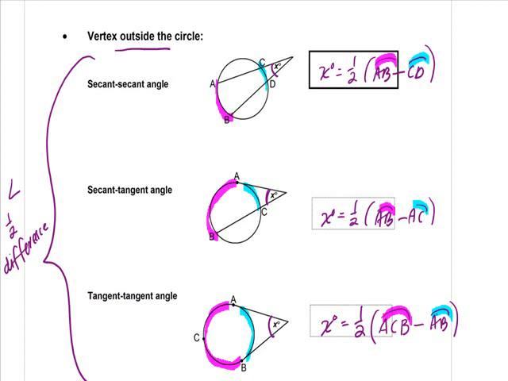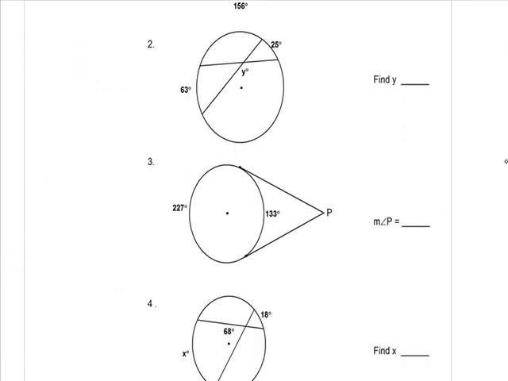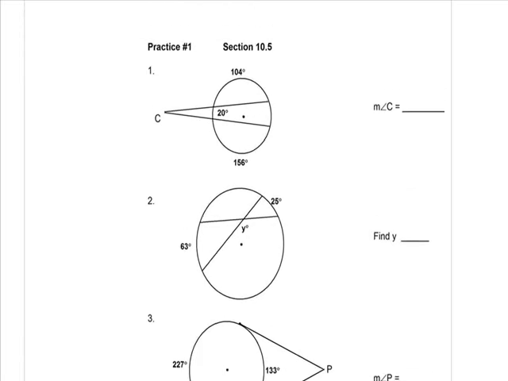All right, let's look on page 33, please. And let's do some of these practice problems. Turn the page. Now, on number 1, they gave us that this arc was 20, and they gave us that from here to here was 104, and that from here to here was 156.